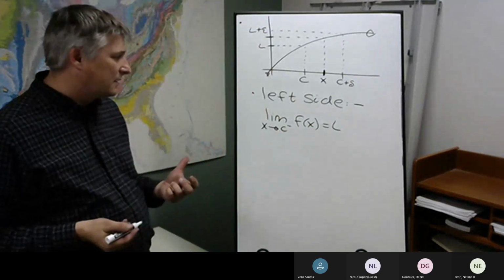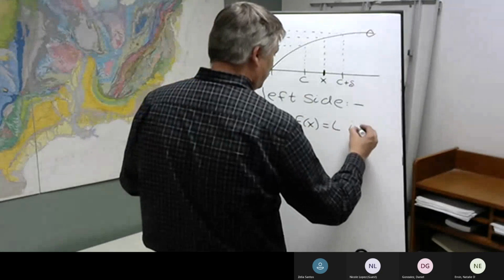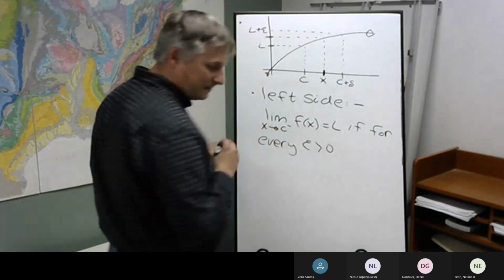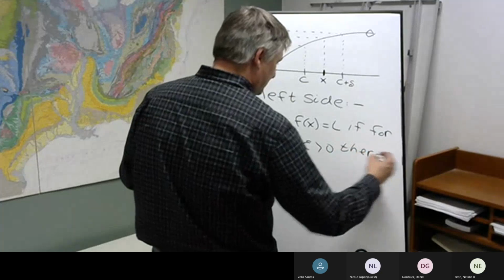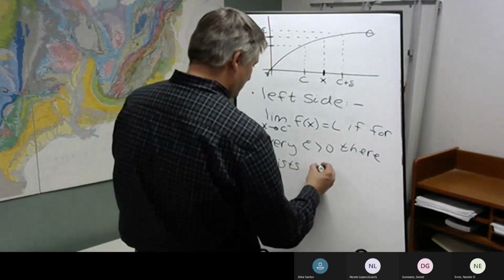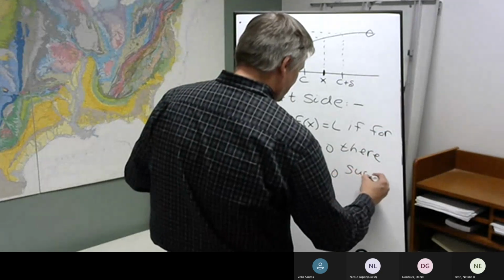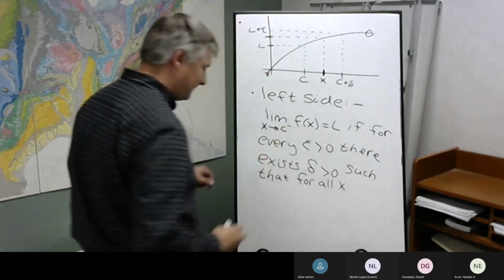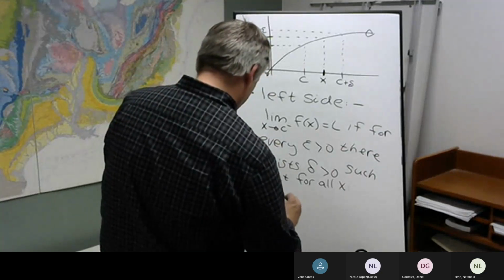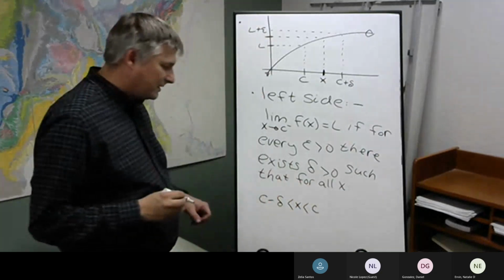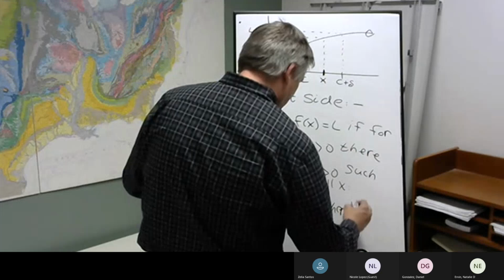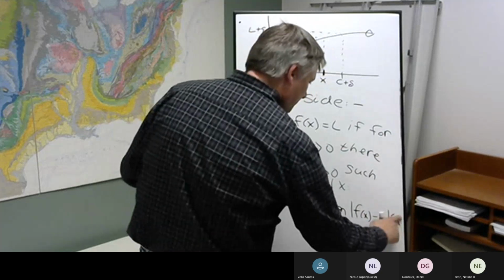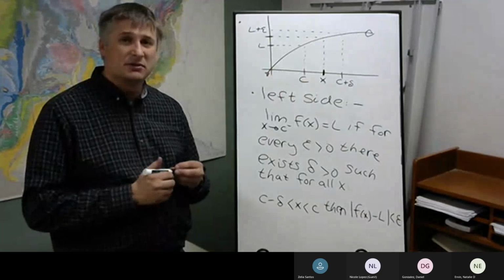Approaching from the left, the limit of this function is L if for every epsilon greater than 0, there exists delta greater than 0 such that for all x between c minus delta and c, our function is within epsilon units of L.